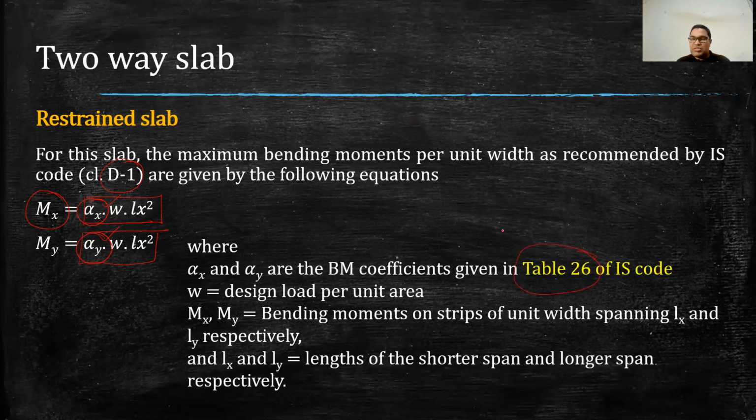I will show you this table, although I have provided the table in the slide also. So using Table 26, we will be determining alpha x and alpha y. The values of alpha x and alpha y actually depend on the edge condition, whether the edge of the slab is continuous or discontinuous.